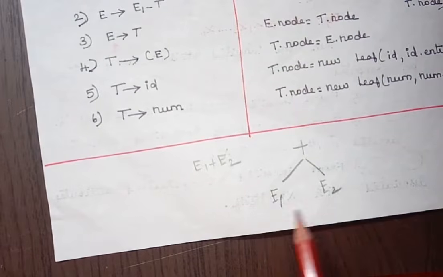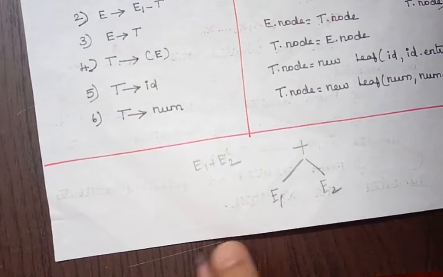Here E1 and E2 represent the sub expressions, and we shall implement the nodes of the syntax tree by objects with a suitable number of fields. Each object will have an operator field, which should be the label of the node, and along with that field the objects will also have some additional fields.